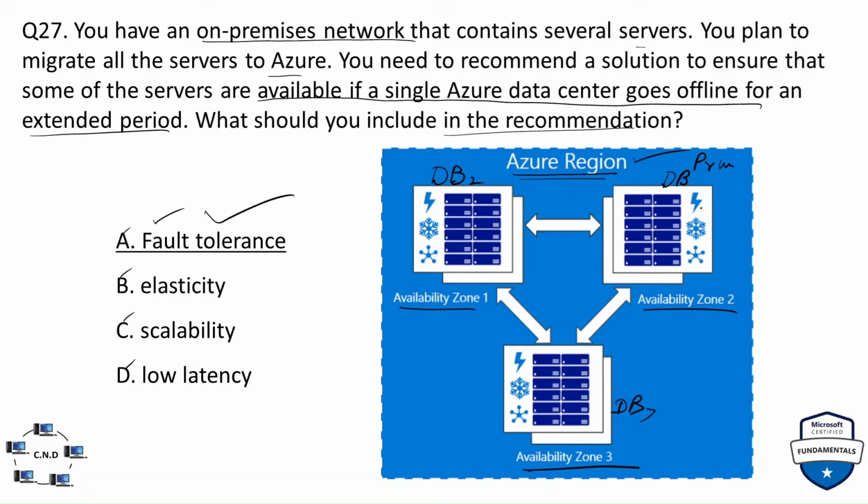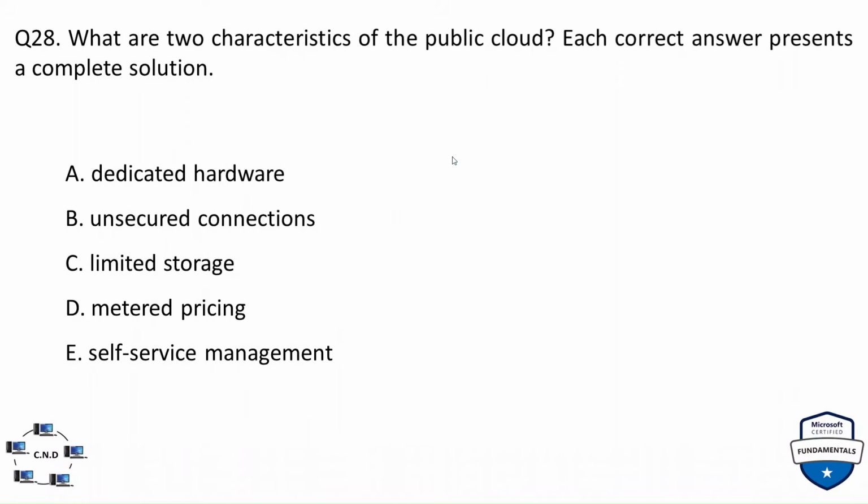If there is some issue at this availability zone inside the data center, then the user can still access the database from another availability zone, because we have the same copy available here. So this is called fault tolerance. If we have a fault at one location, the fault can be tolerated because we have the same copy available inside another location.